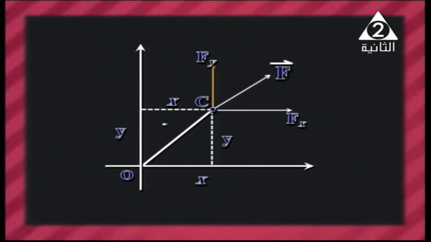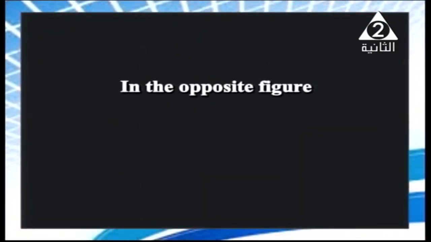F acts on the body, then we resolve F along two perpendicular axes, Fx and Fy. The components Fx and Fy have position vectors from the point O. Look at, in the opposite figure, we find the value of F equals Fx i plus Fy j.